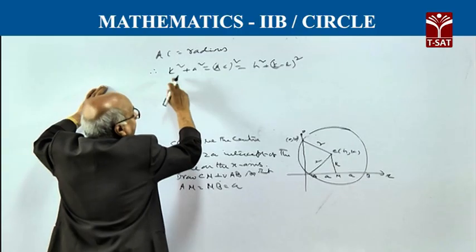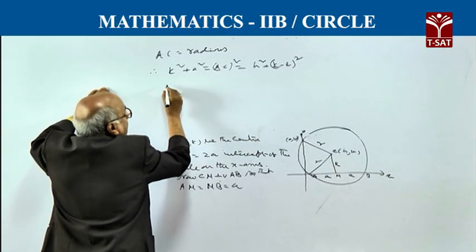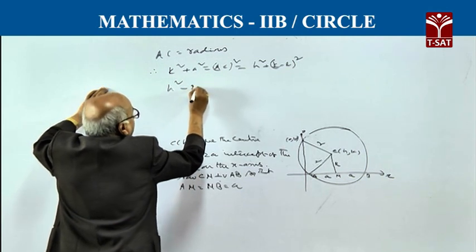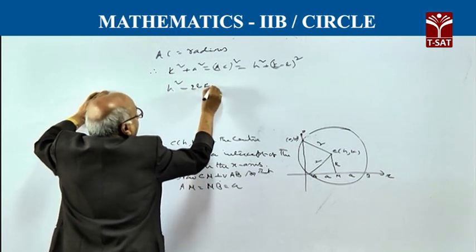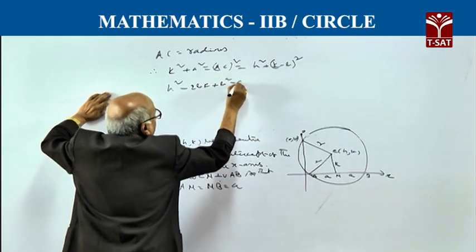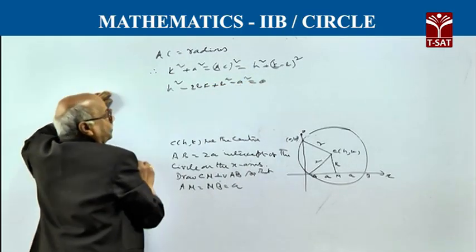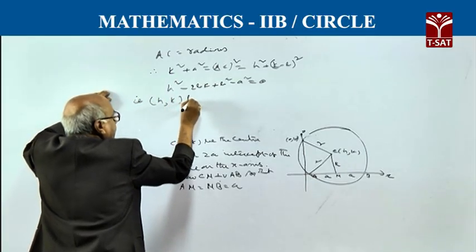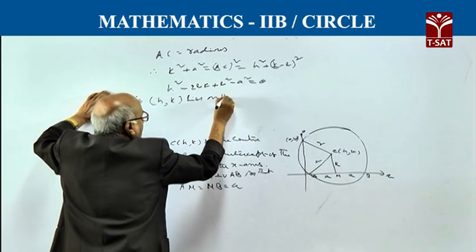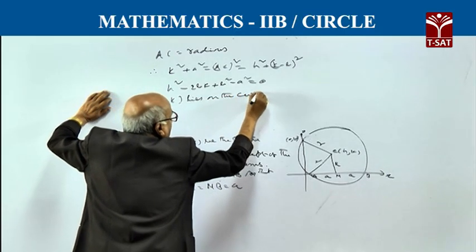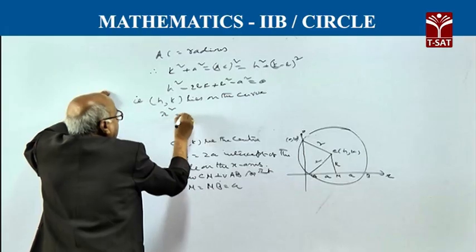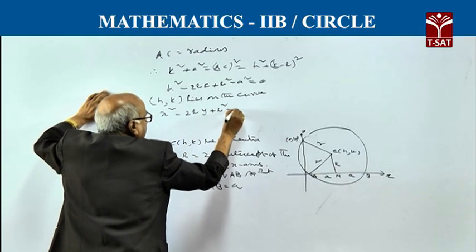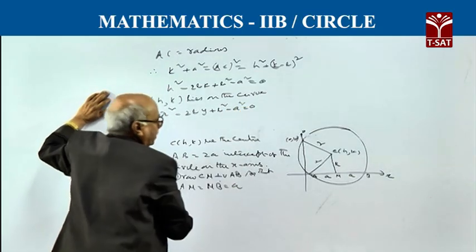Now if you simplify that, k square will cancel, and so you will get h square minus 2bk plus b square minus a square equal to 0. So that means h, k lies on the curve x square minus 2by plus b square minus a square equal to 0.